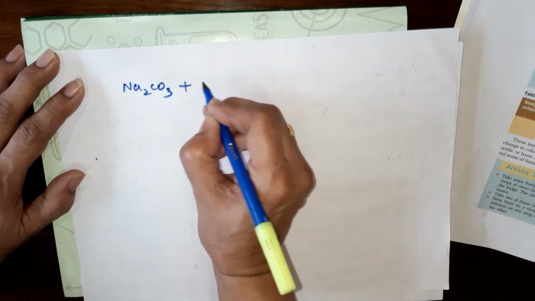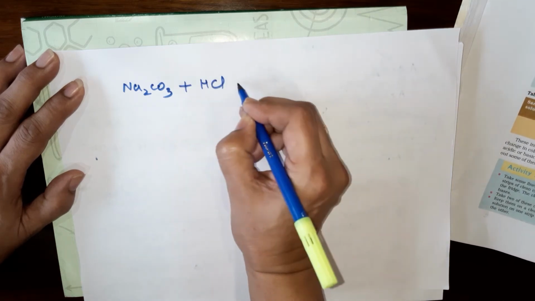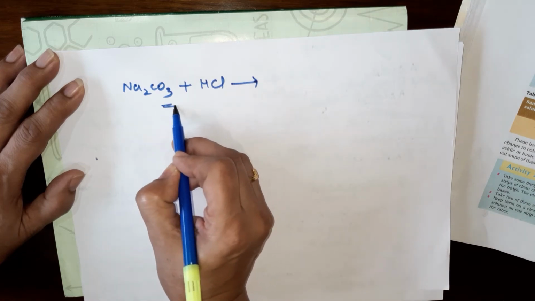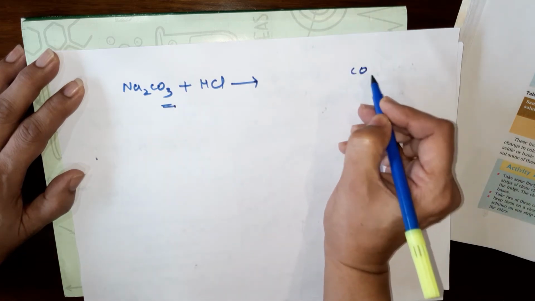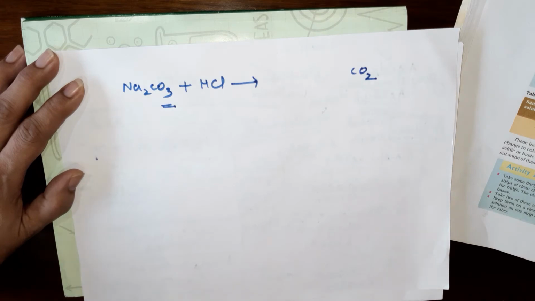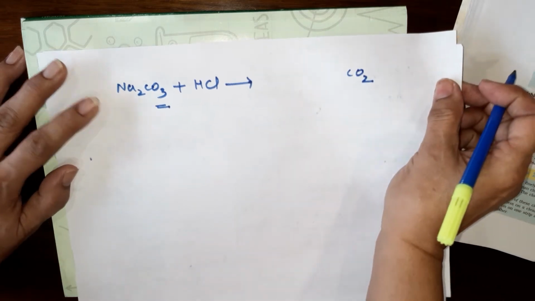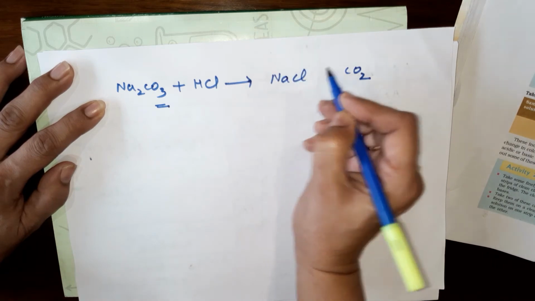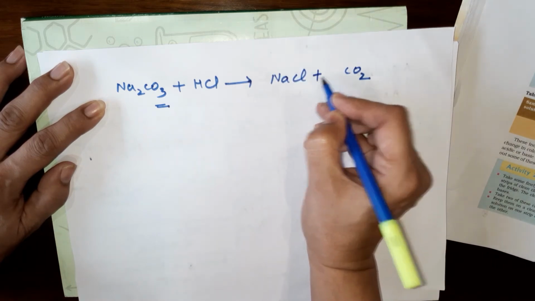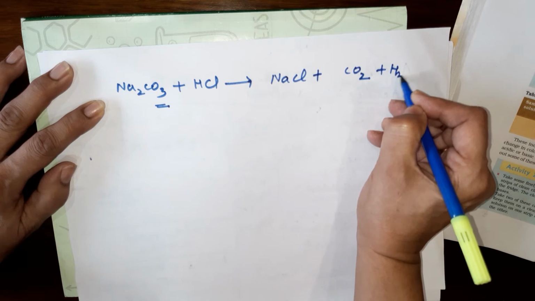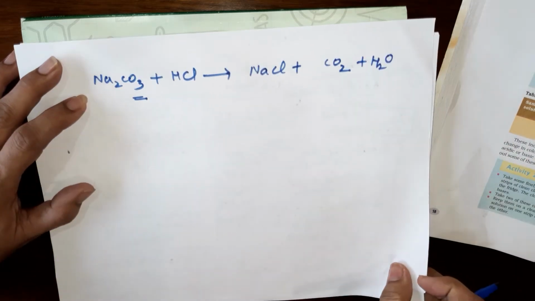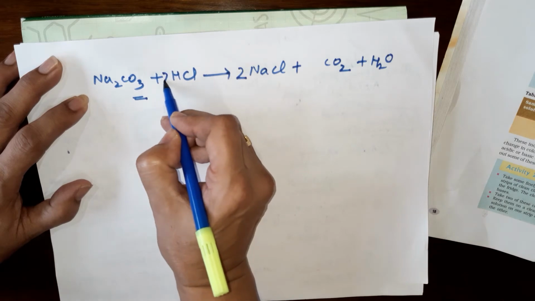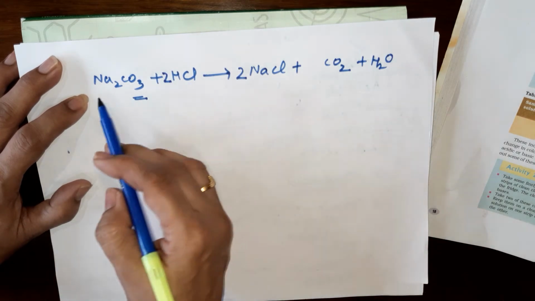If it reacts with hydrochloric acid, then what will it form? Remember, whenever carbonates are there, they will form CO2 gas definitely. So here it will form NaCl plus CO2 plus H2O. If you write 2 here, then you will see the reaction is balanced.